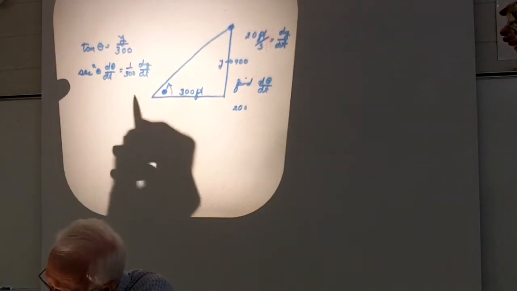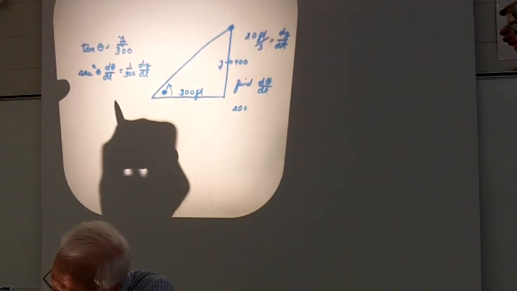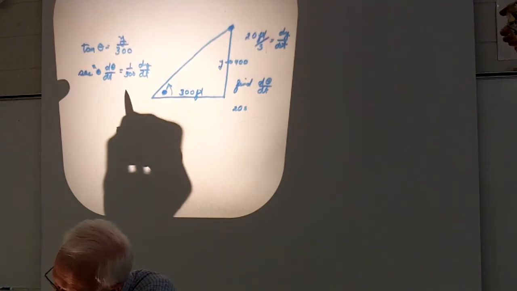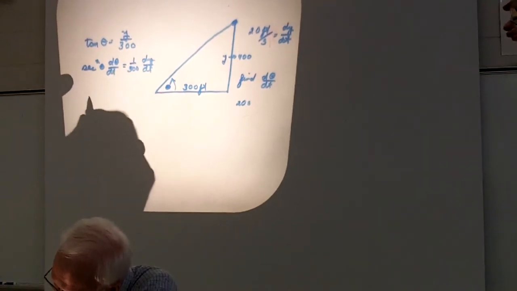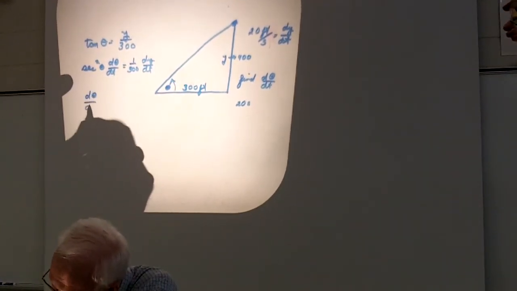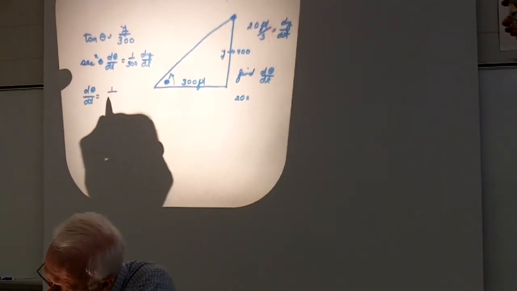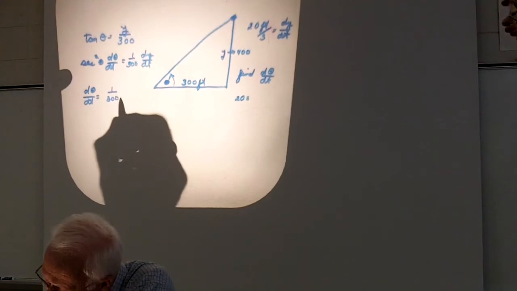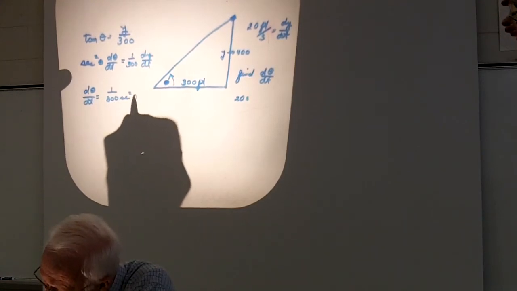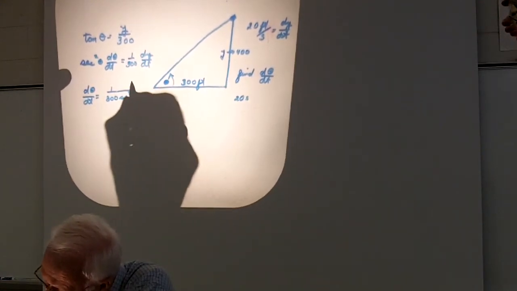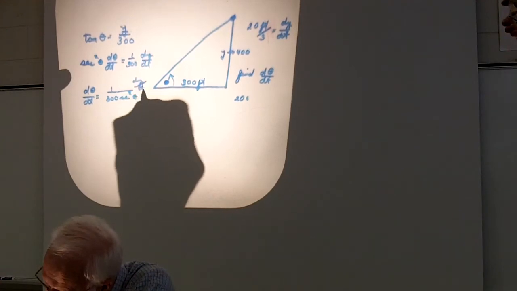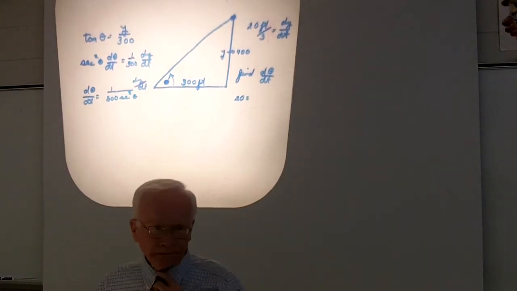Okay, now, so we have this. And now I want to find d theta dt all by itself, which is equal to 1 over 300 secant squared theta, and then up here is dy dt. Okay?